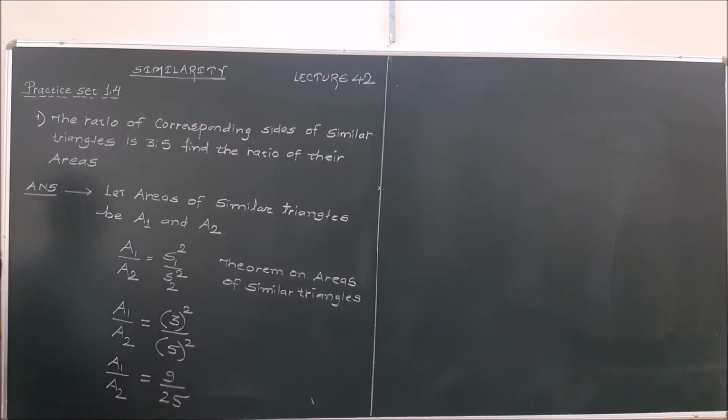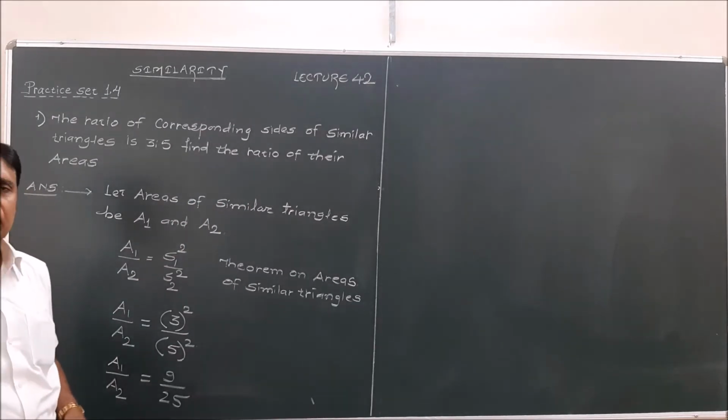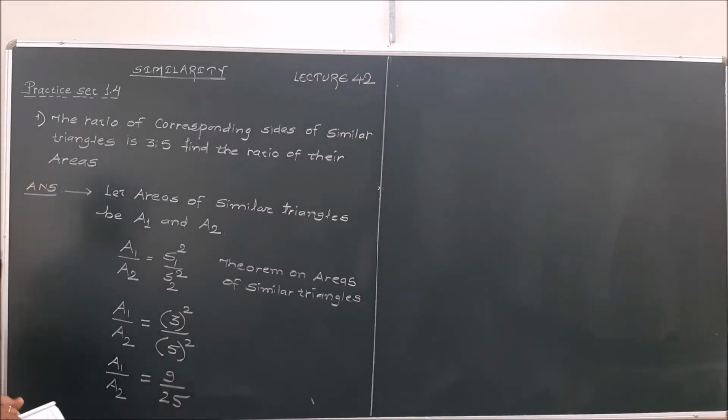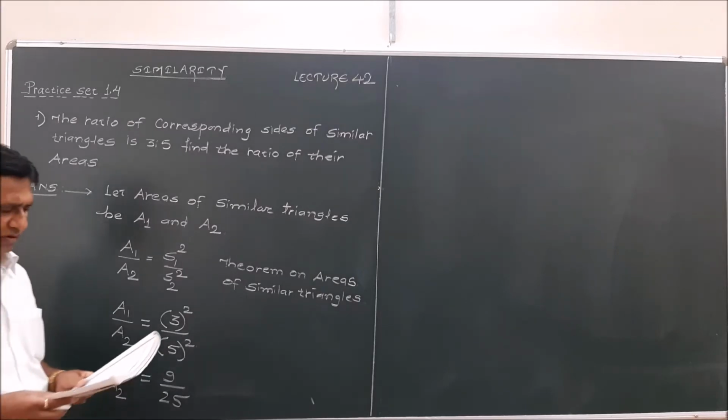So A1 upon A2 is equal to 9 upon 25, because the question asked is to find the ratio of their areas. Very simple sum. This will surely come for 1 mark only, not even more than that.